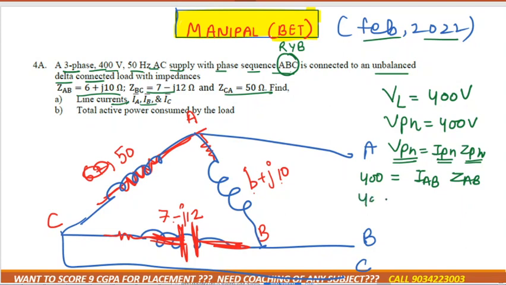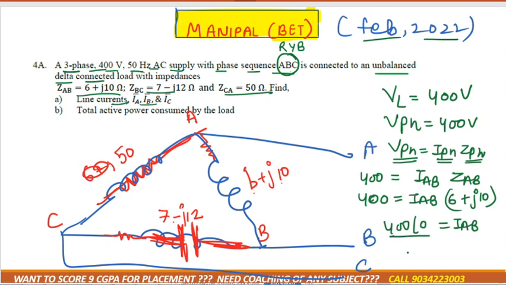Then in that case, 400 is equal to IAB times ZAB, and ZAB is already given as 6 plus j10, correct? So from here, can we get the value of IAB? That is 400 angle 0 because they didn't mention any angle, divided by 6 plus j10.